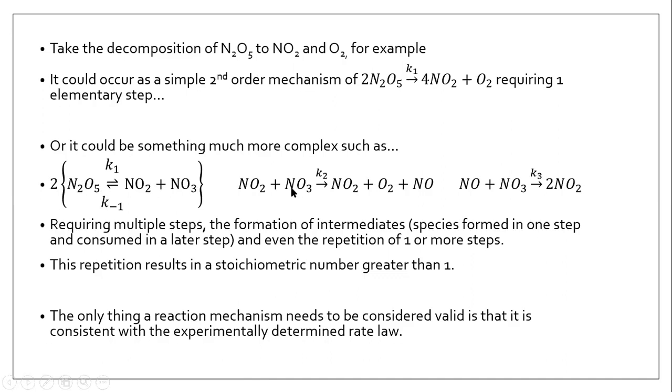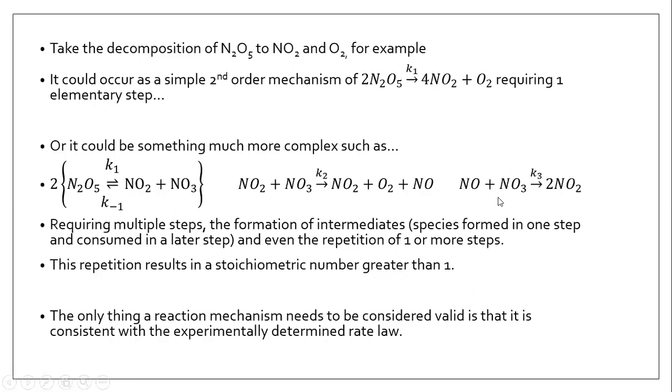Now, NO3 and NO2 collide to form an NO, an O2, and NO2. So NO2 is on the left and NO2 is on the right. It is important that it is there, but it doesn't actually undergo any change.